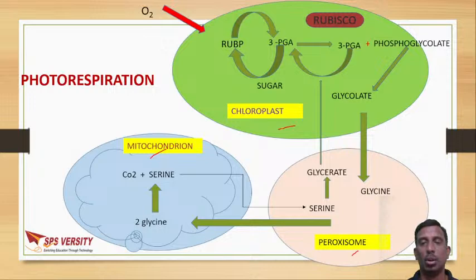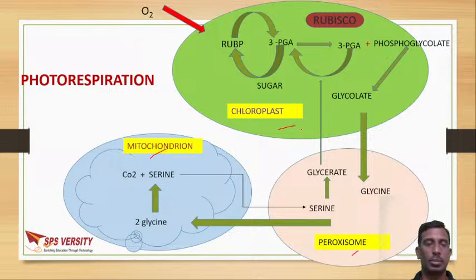Okay. Glycolate which is formed in chloroplast is transferred to peroxisome, where it is converted to glycine. This glycine is transferred to mitochondria. Two glycine molecules will form CO2 and serine. Serine again is transferred to peroxisome.